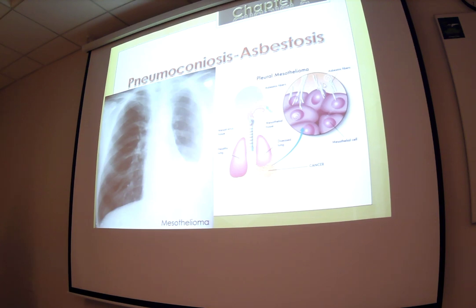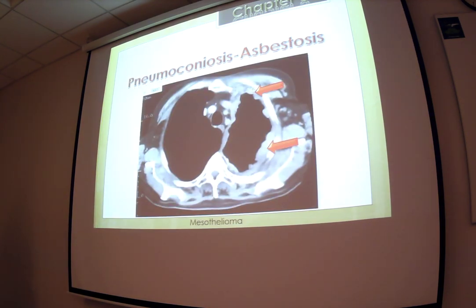All these fibers are stuck, causing those mesothelial cells to become damaged, and then they try to regrow and become cancerous. Here's what they're talking about, that irregular edge all along the pleural space, inflammation and fibrous growth.